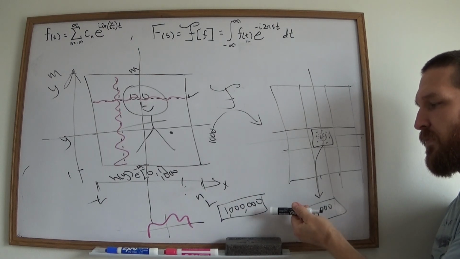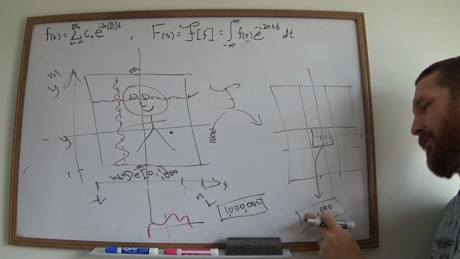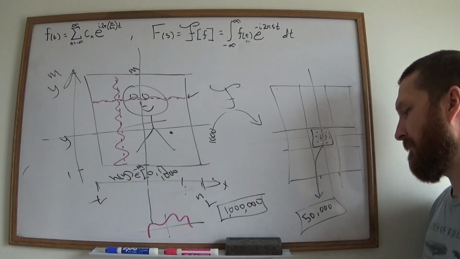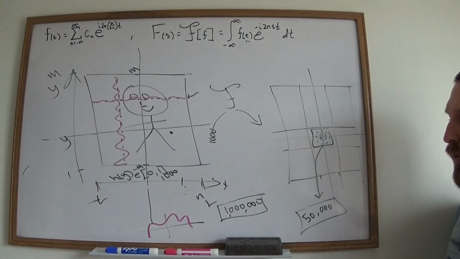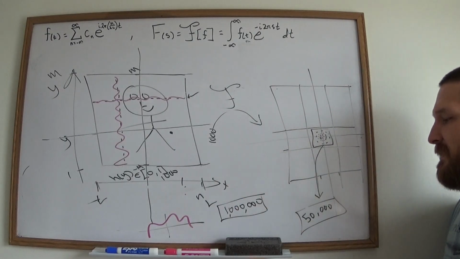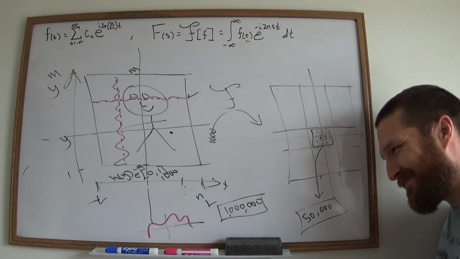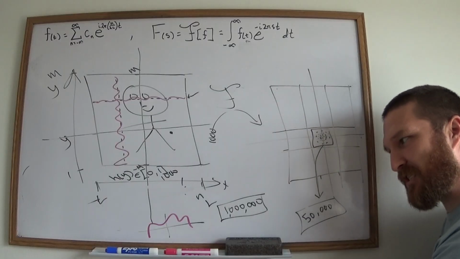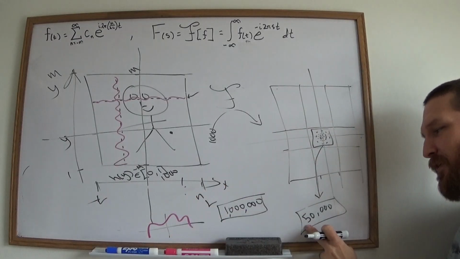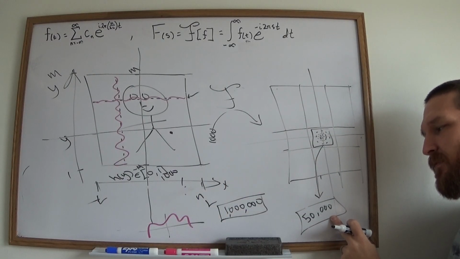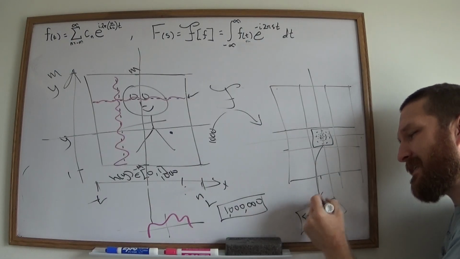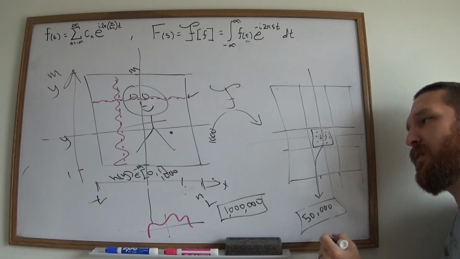Actually, it's probably going to be more, probably 50,000. So you go from 1 million pieces of information and you drop it down to 50,000 pieces of information. And that's how you save it on your computer.